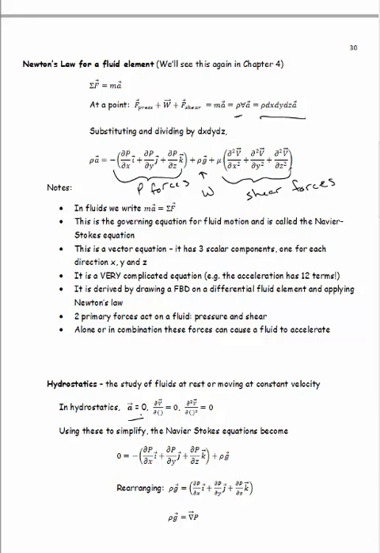So our dv, d whatevers, dx, dy, dz are all going to be 0. That simplifies it a lot. All you have left is 0 equals the pressure forces and your weight, or body forces, gravity forces.